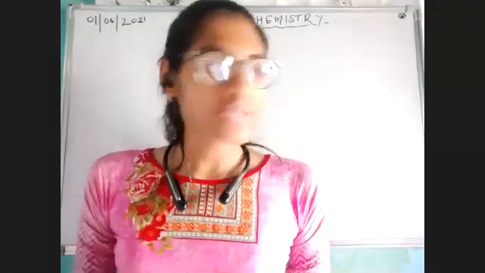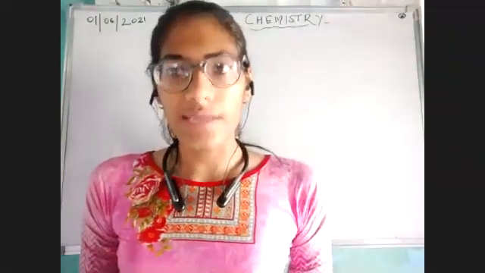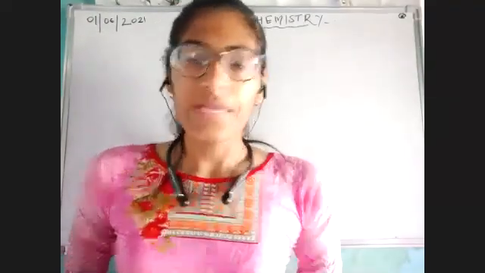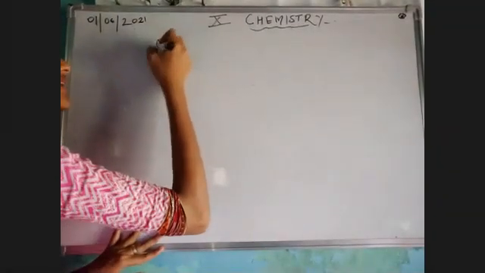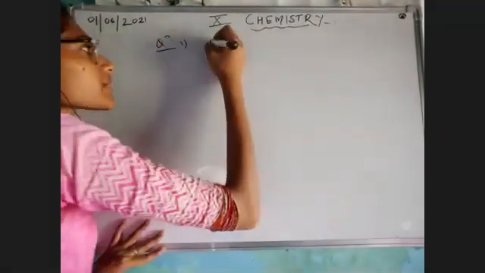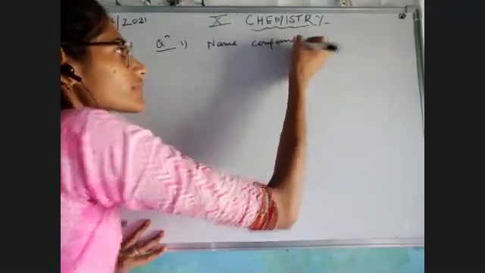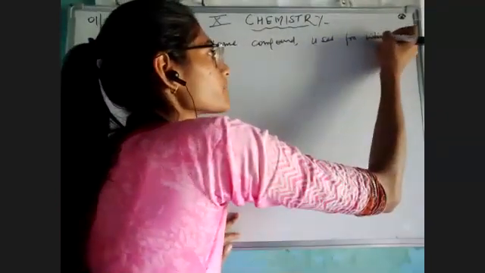In today's class, we will see a few questions from our NCERT intext questions, and then we move to our third type of reaction. Let's start with the first question. The first question asked in your NCERT text is, name the compound which is used for whitewashing.